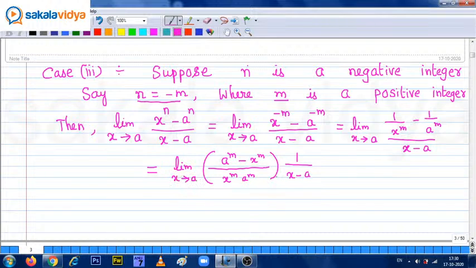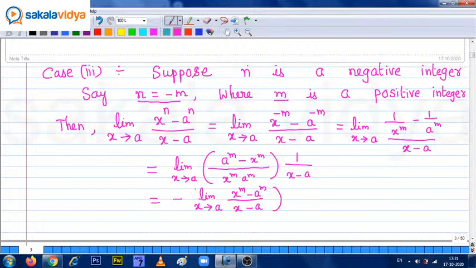Now let us rearrange the terms. Take minus common: limit x tends to a of (x to the power of m minus a to the power of m) upon (x minus a).